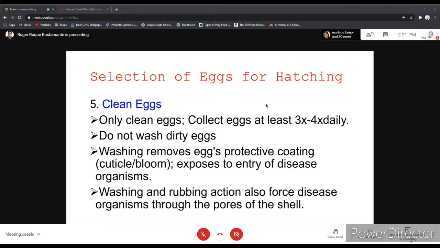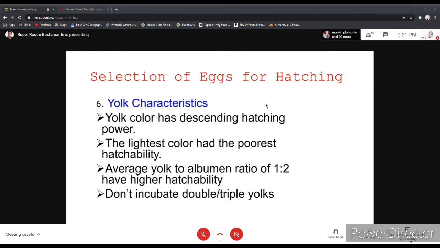Given importance, because even though the egg has a poor yolk color, still it can be hatched. Like for example, in quails, the yolk color ranges from 1 to 4. So 1 is very pale. That pale or poorest color is not a guarantee that your eggs will not hatch.